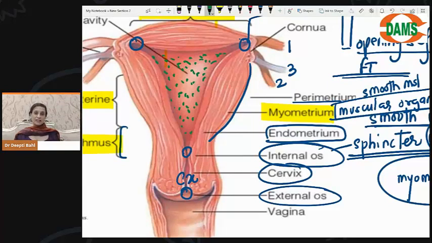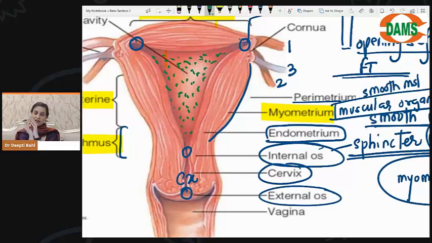Do you understand the meaning of a potential cavity? It means the walls of the uterus lie opposed to each other. If there is something inside it, then the walls will distend and move away. But if there is nothing inside, the walls lie opposed to each other.